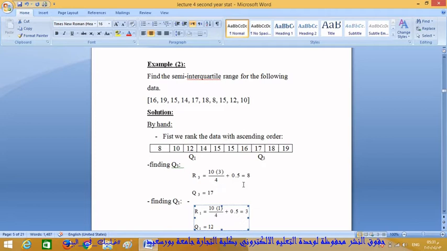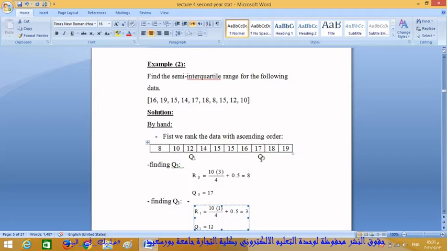So the rank of R3 is 8. So Q3 equals the value number 8. This is number 10, number 9, number 8. So Q3 equals 17.